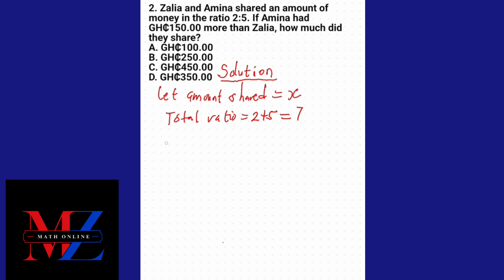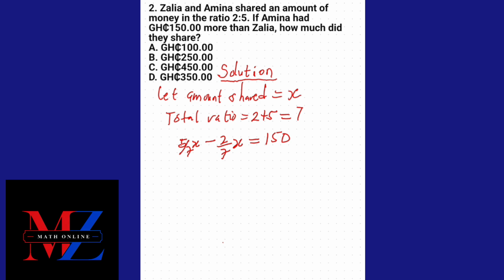So by that approach, we know that the share of Amina can be calculated by dividing her ratio part, which is 5, over the total ratio 7, multiplied by the total amount they shared, that's x. So that will be 5 over 7 x, minus the share of Zelia, which is 2 out of 7 multiplied by x. And this will result to 150. This is how we are going to solve the question.